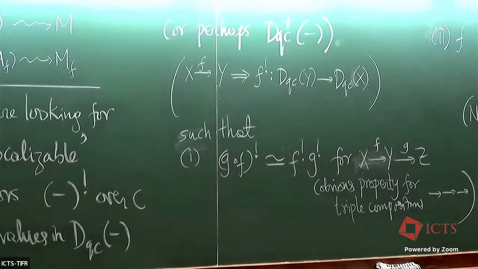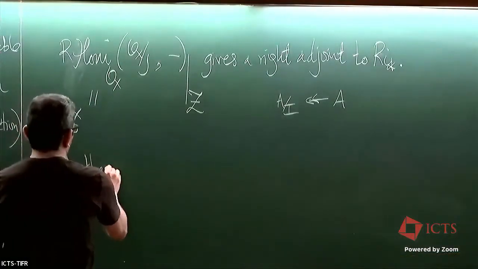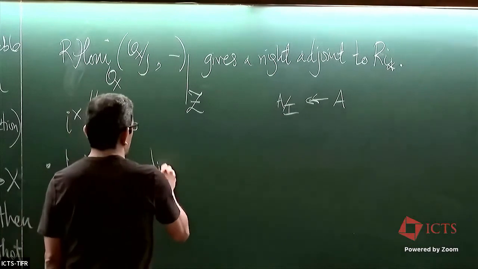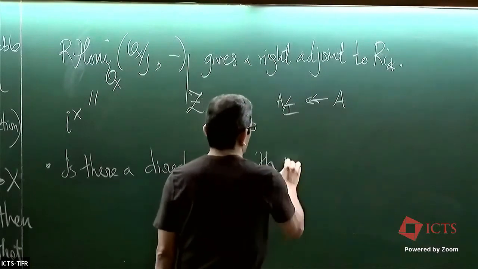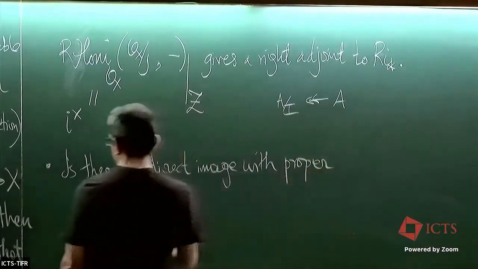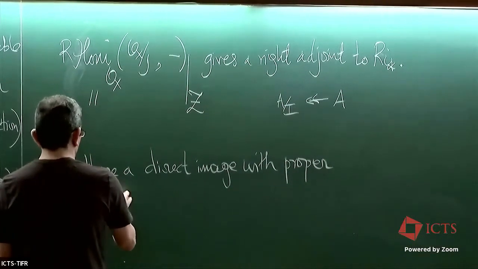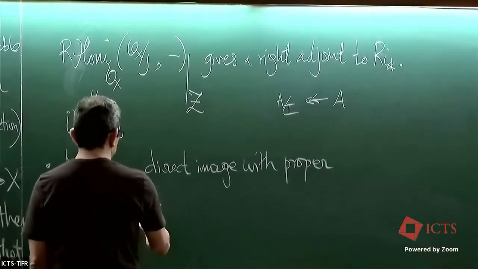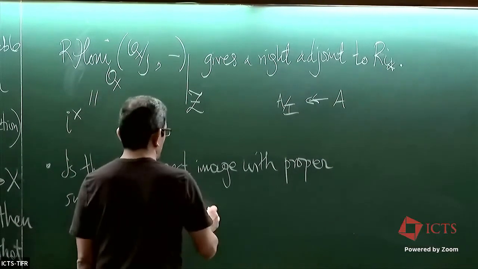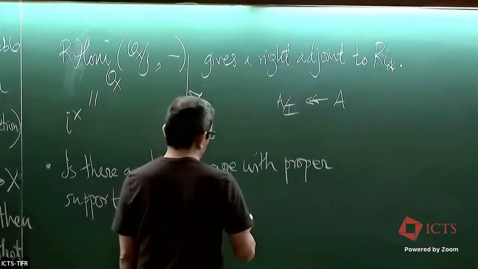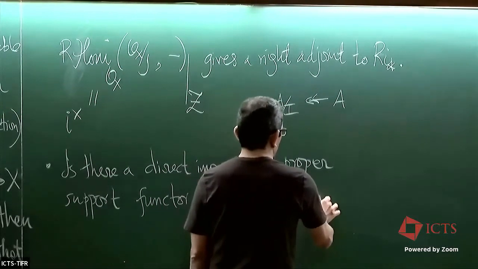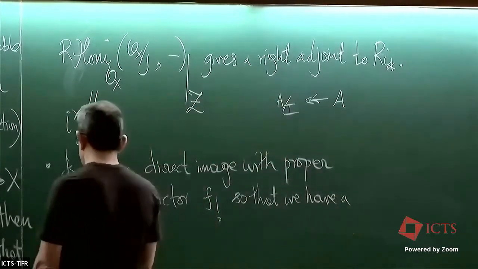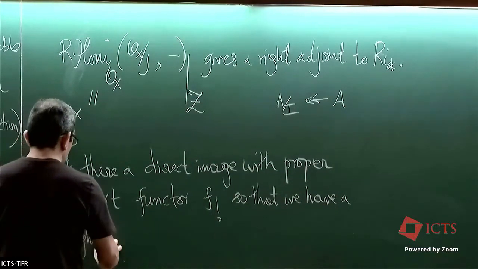So one could really ask, is there a direct image functor with proper support, so that we have a right adjoint F upper shriek just as in Verdier duality directly?